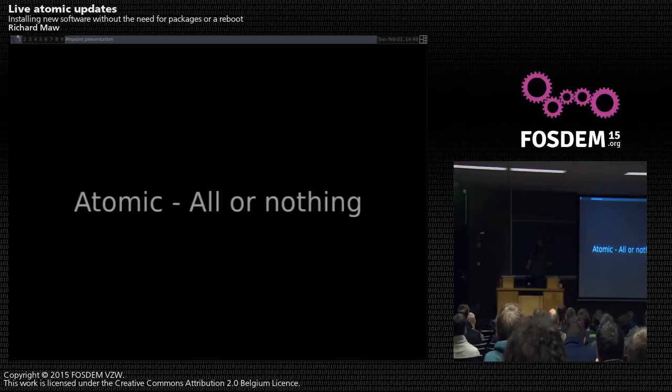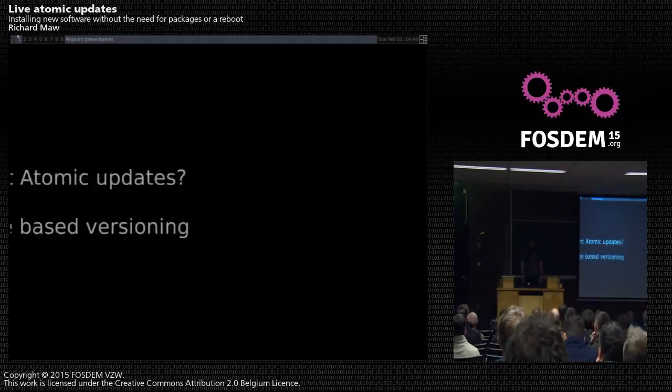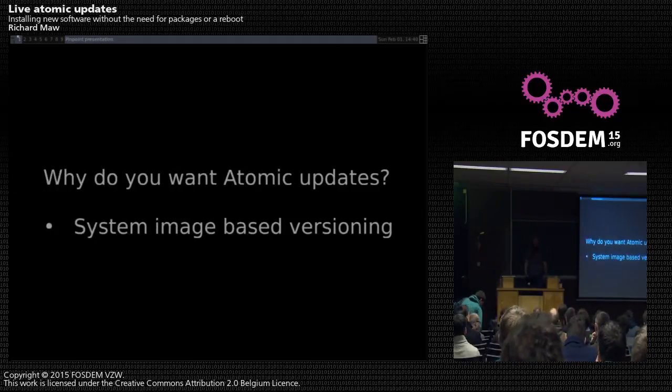But the reason I've been investigating live atomic updates is that we don't want to have to reboot every time we want to apply an update, because we want to provide a web server and apply the updates without dropping any connections, kind of thing. We want atomic updates because they imply being able to do system image-based versioning.